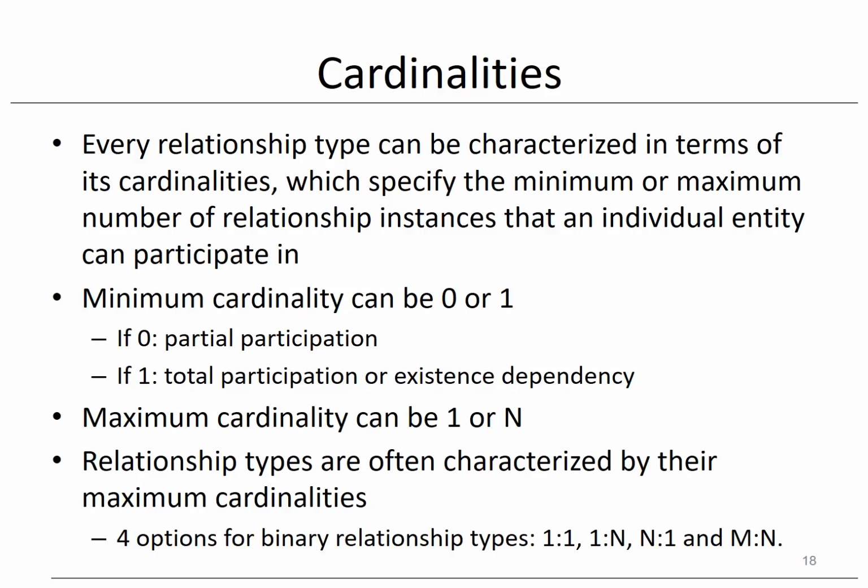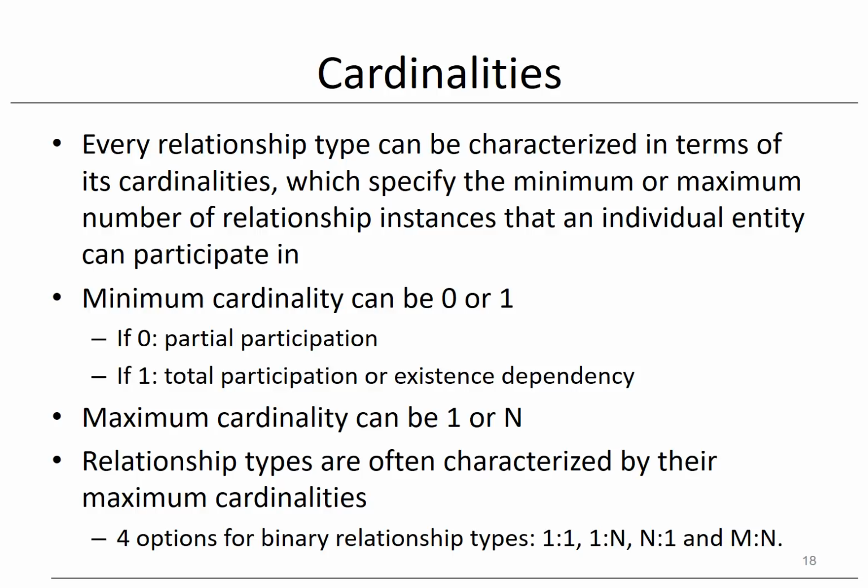The maximum cardinality can either be 1 or n. In case it's 1, an entity can be involved in only one instance of that relationship type, or in other words, it can be connected to at most one other entity through that relationship type. In case the maximum cardinality is n, an entity can be connected to at most n other entities by means of the relationship type.